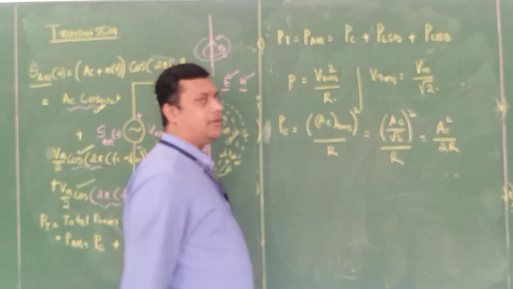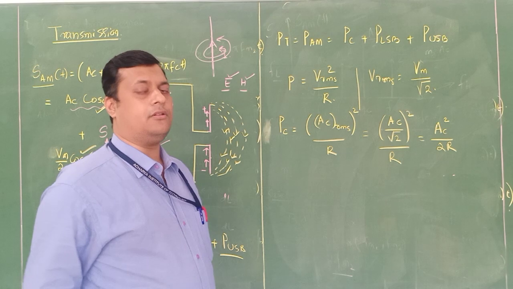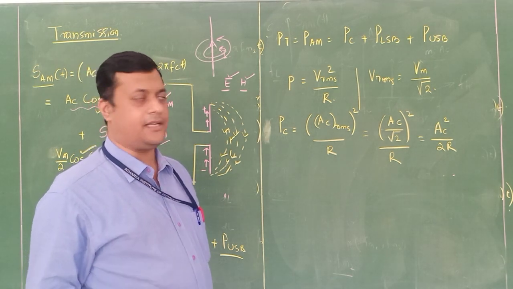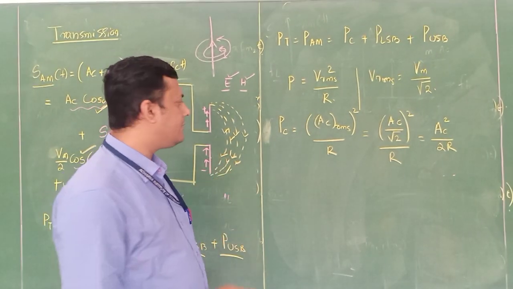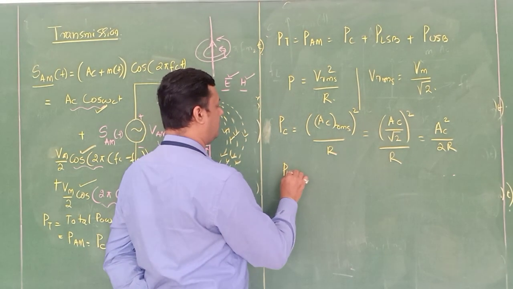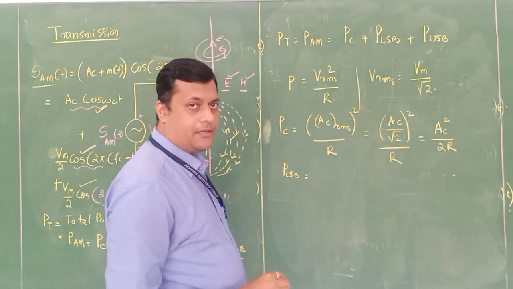This is the power content in carrier. Whether you are considering single tone, multi-tone, DSBSC or SSBSC also, the power content will be AC square by 2R. Done?